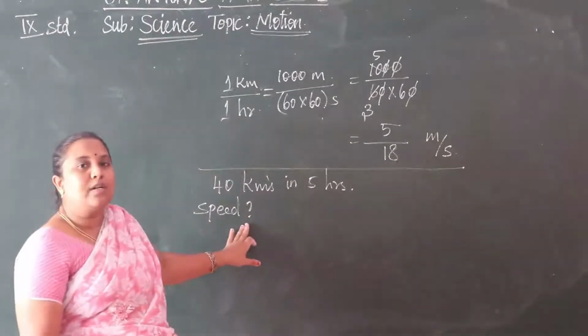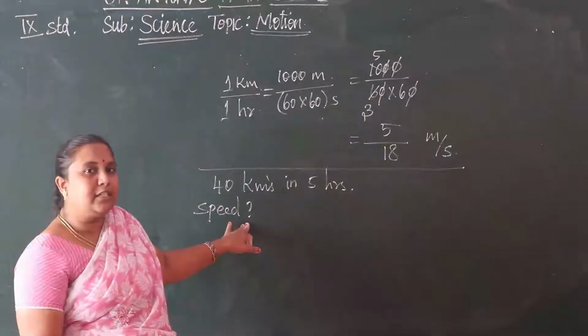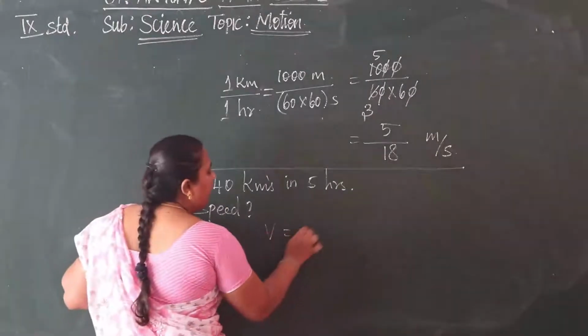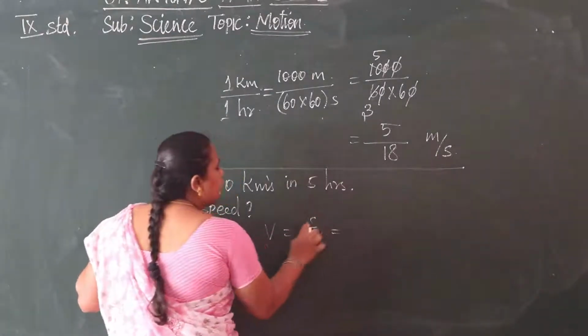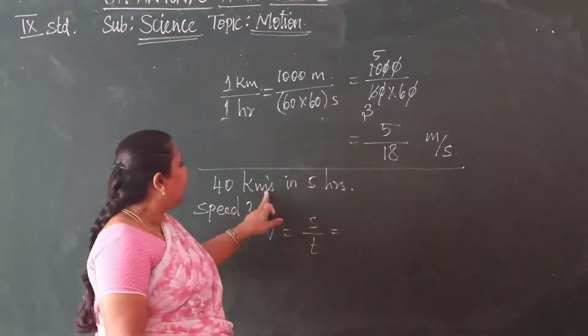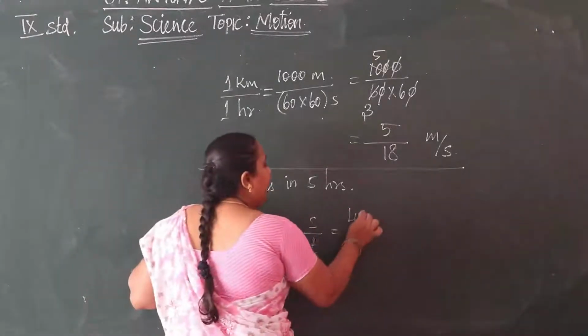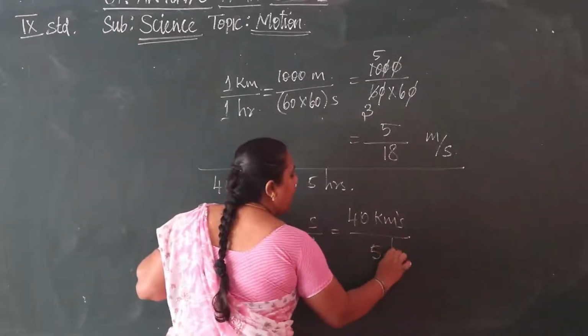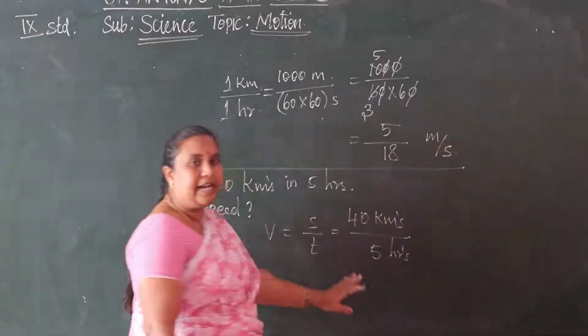Okay, so what is the formula for finding speed here? V equals S by T. So what is S here? 40 kilometers. See, 40 kilometers by 5 hours. Is it correct?